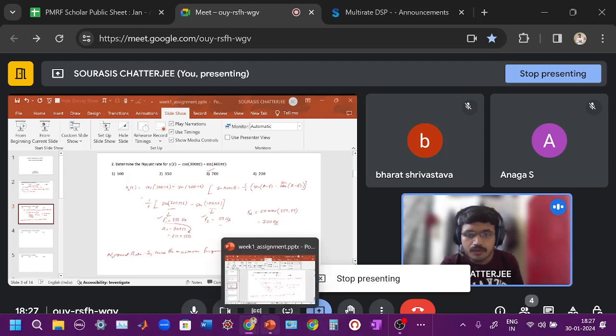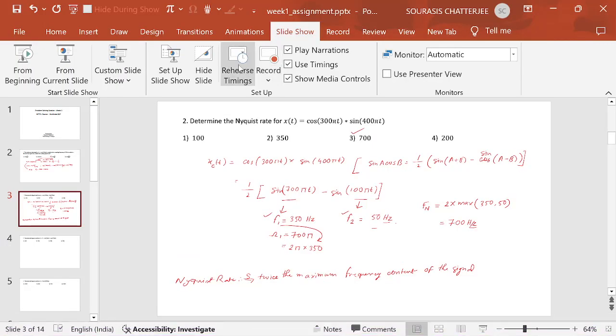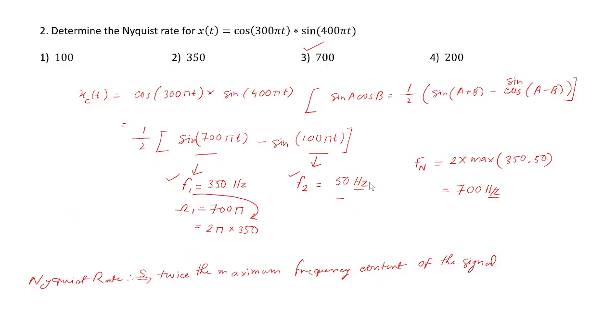Okay, let us move to the presentation. So we got the Nyquist rate of the signal x(t) as 700. I want to warn you of one thing we often miss: the twice-the-maximum part.